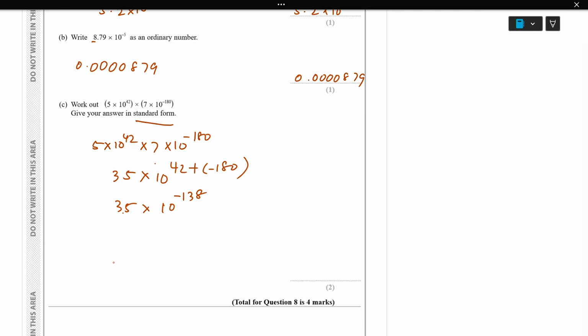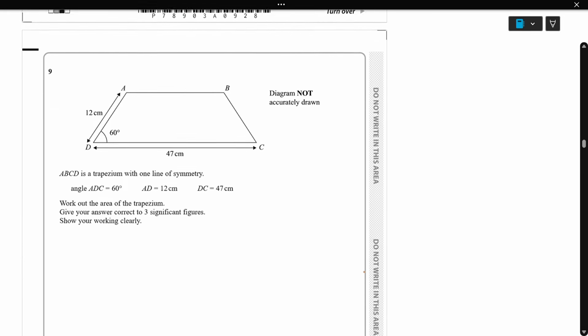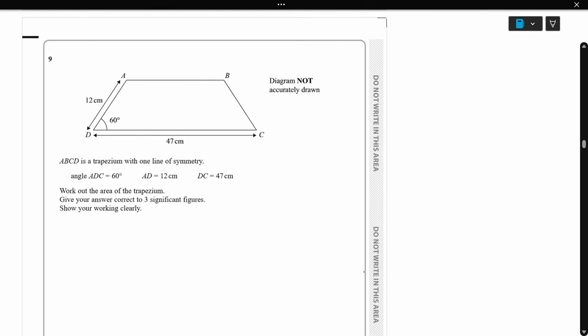Next we have to give the answer in standard form. With one place decimal here, we should add 1. So 3.5 times 10 power minus 138 plus 1, which is 3.5 times 10 power minus 137. That is the answer: 3.5 times 10 power minus 137.